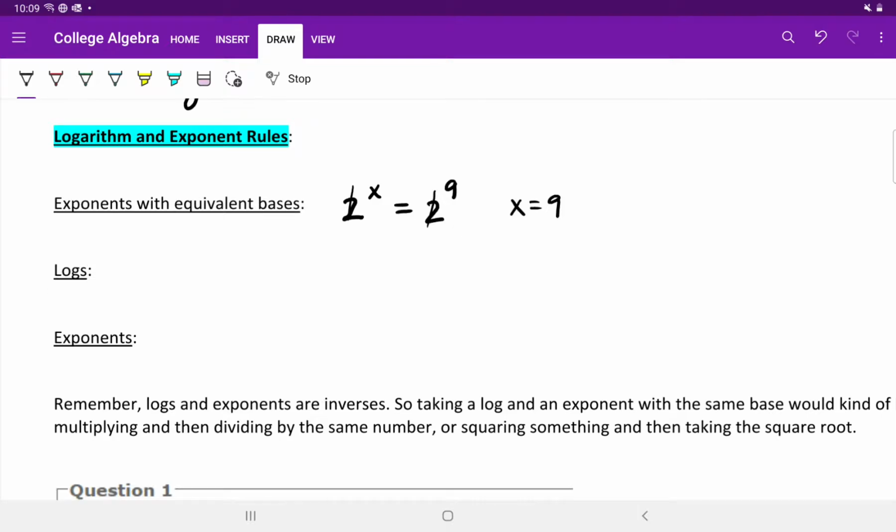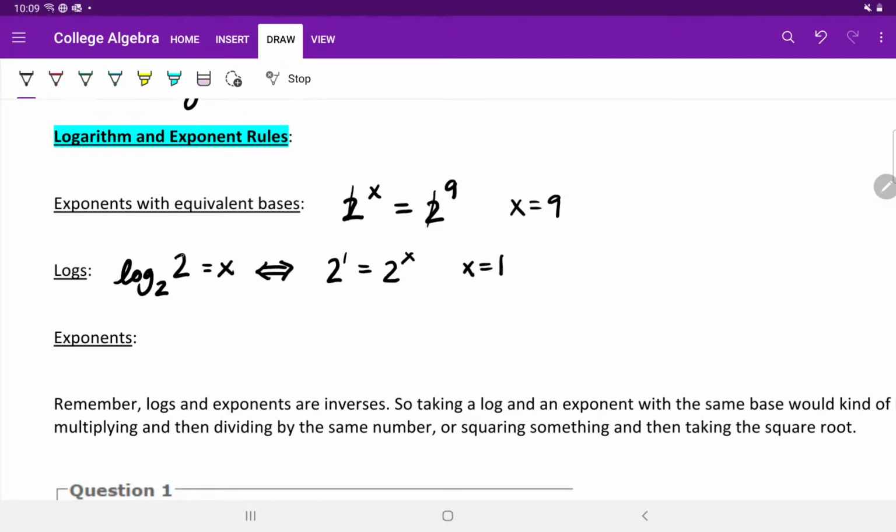Another rule that's going to come in handy involves logarithms. Let's say I had log base 2 of 2 equals x. If I were to convert this into an exponential, I would get 2 equals 2 to the x. Well, in this instance, x would have to be 1. 2 to the 1 equals 2 to the x, so x is equal to 1.